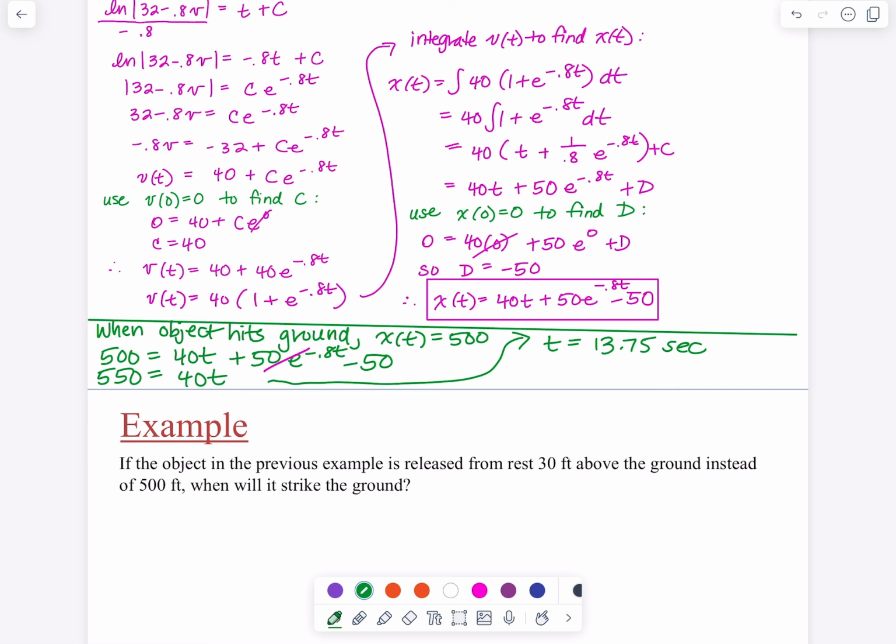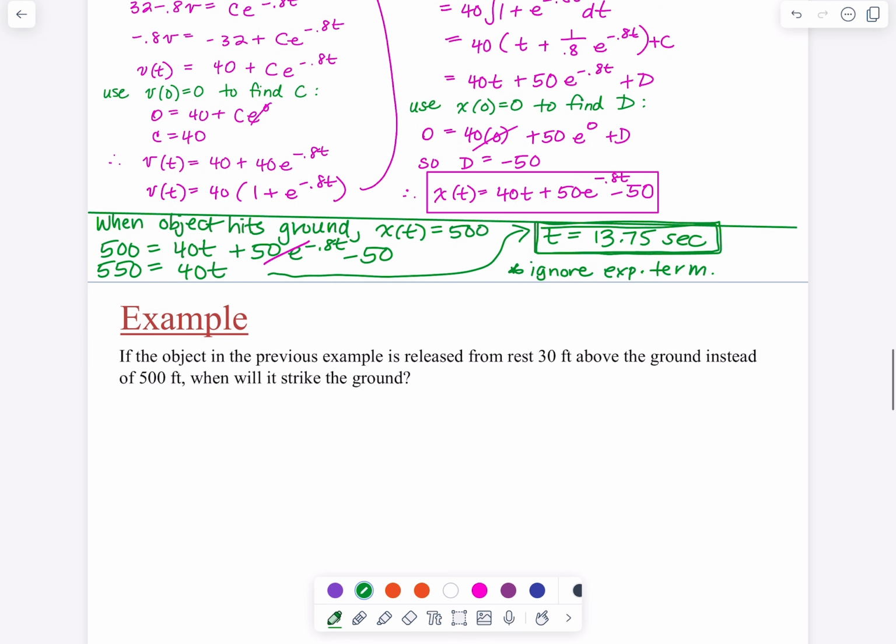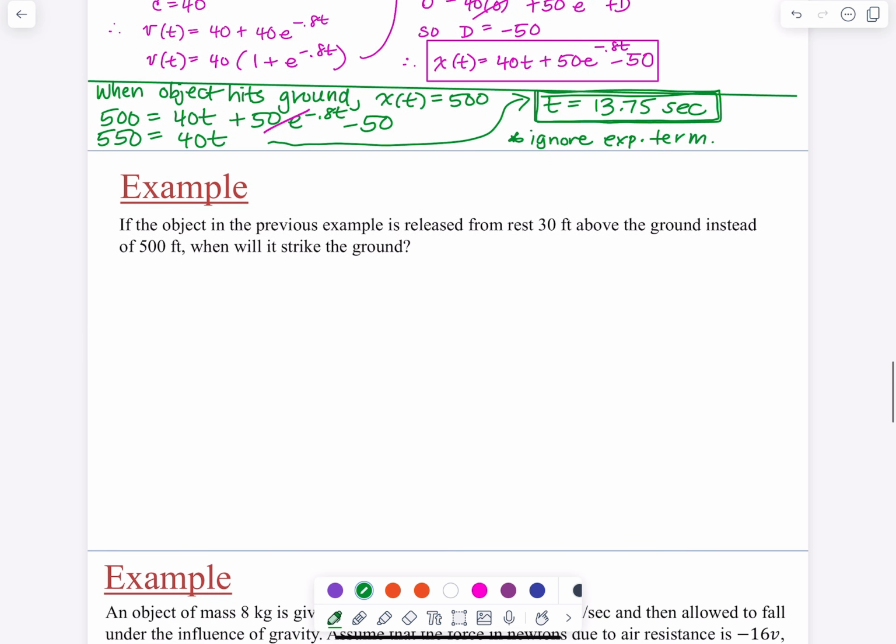And so we do ignore the exponential term since that term is negligible when t is close to 13.75 seconds. Okay, let's look at our next example.